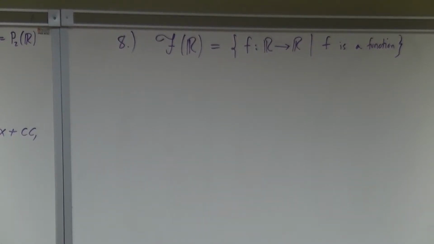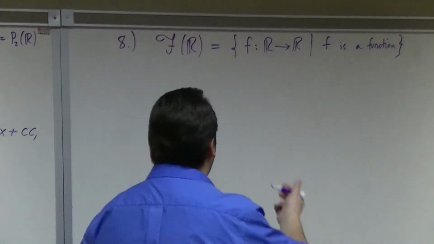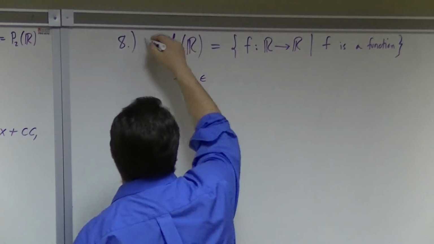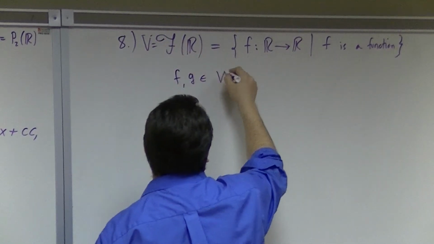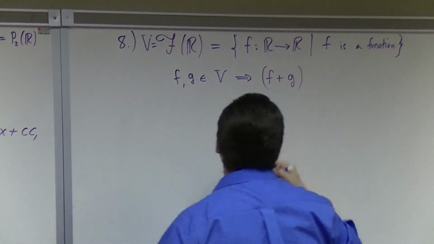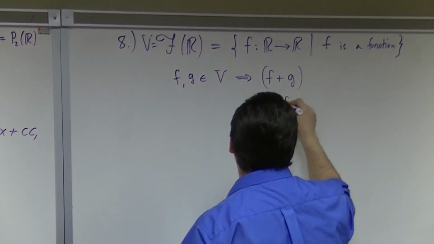For all these examples we've looked at, there's been some natural notion of what those operations should be, because you already have experience with these examples, so you already have an inbred notion of how to add those, right? How do you add functions? If I have f and g in this, let me call it V, then I'll keep writing that. How would we define f plus g? How would we define c times f?